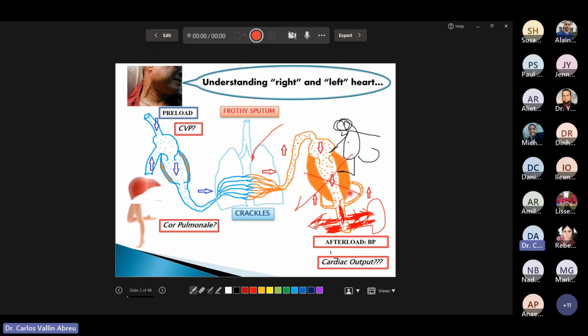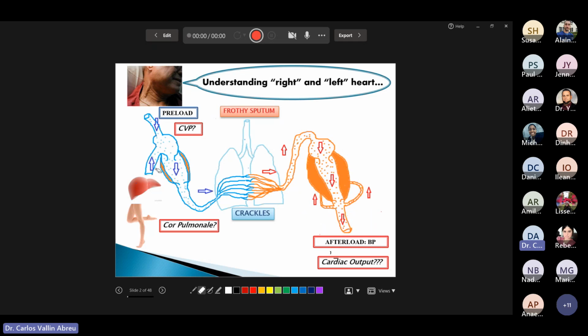That's why you need to discriminate the origin of each of those symptoms. But in reality, when a person has heart failure, usually, not always, but usually, both sides of the heart are failing. So it is an important concept.